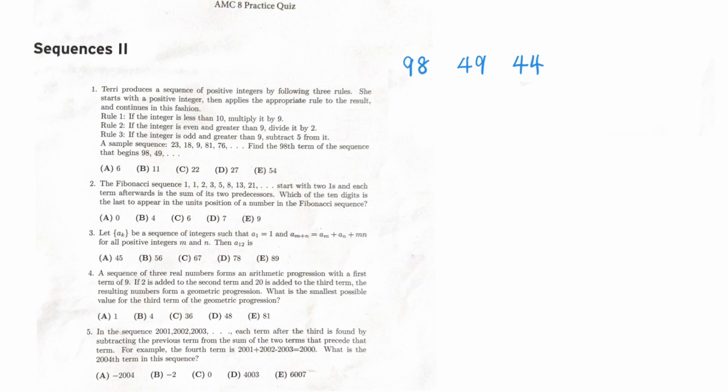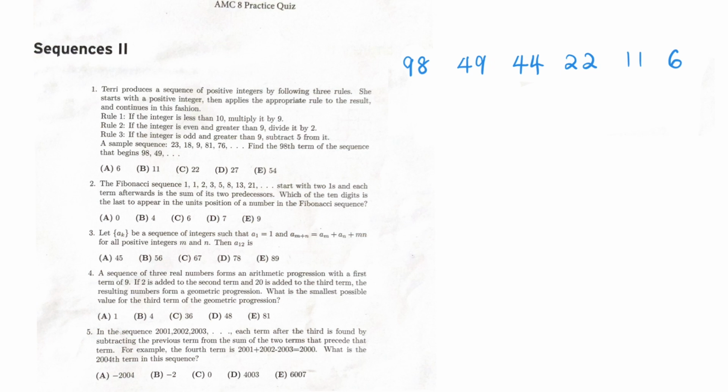44 is even and greater than 9, divided by 2, we get 22. 22 still divided by 2, that's 11. 11 is greater than 9 and odd, subtract 5, that will be 6.